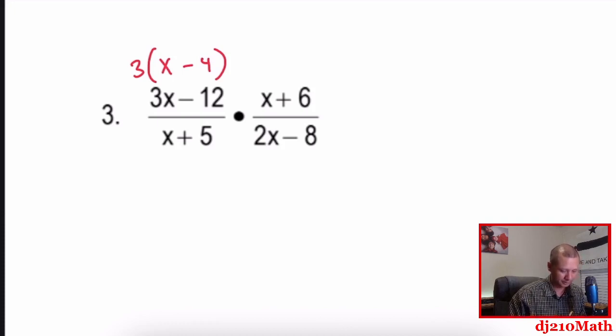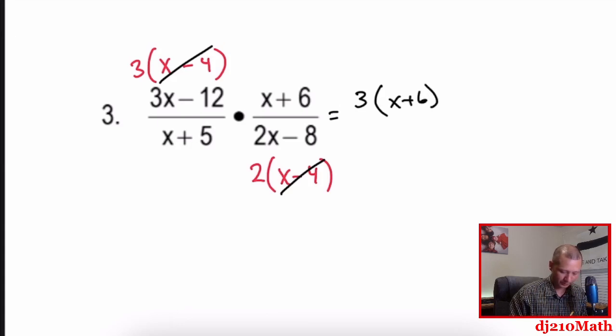Top right, x plus 6 is good. Bottom right, I can take out a 2. X minus 4. Okay. Everything's fully factored. Now we can cancel. X minus 4, x minus 4. So what's left behind? Up top, we have a 3, x plus 6.